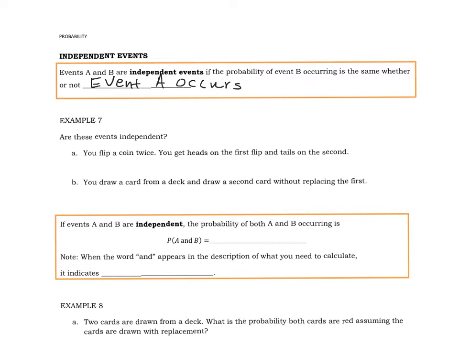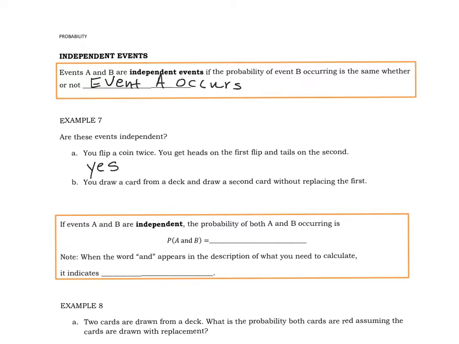You get heads on the first flip. What is the probability that you get tails on the second? It's still 1 out of 2. It doesn't matter what you flipped on the first coin. The probability for getting tails on the second coin remains the same whether or not you did anything before then. So yes, they are independent.